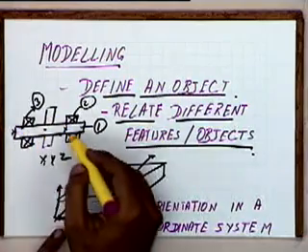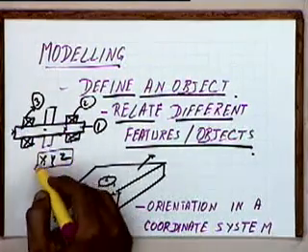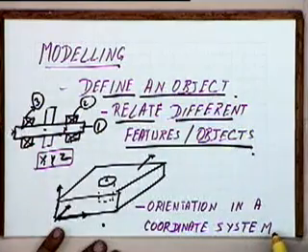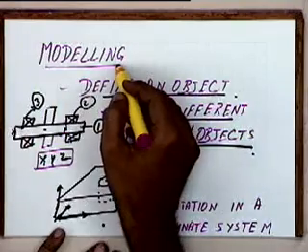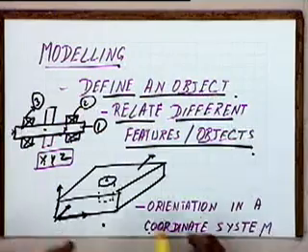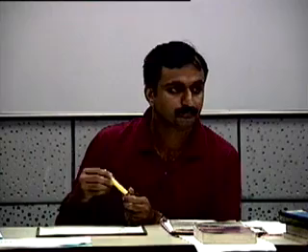This origin is at a location xyz with respect to this origin. All that is with respect to a particular coordinate system. So whenever we are talking of modeling, we are doing that with respect to a particular coordinate system. We have to define a coordinate system and give all our dimensions with respect to that system.